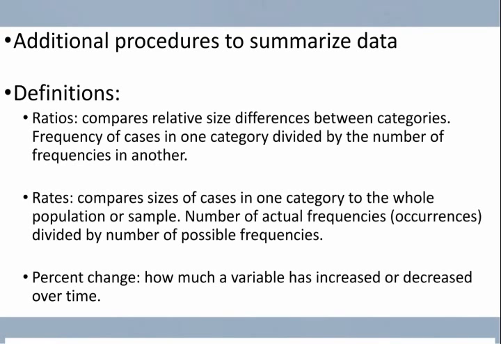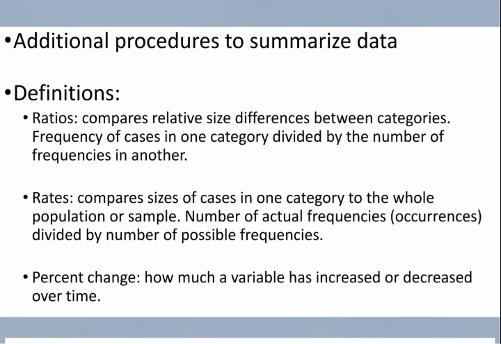So ratios basically compare the relative sizes of different categories, or relative frequencies in two different categories. So we're comparing, for example, the number of people who recidivated versus the number who did not. Or, for example, the number of white people in a neighborhood versus the number of Asian people.